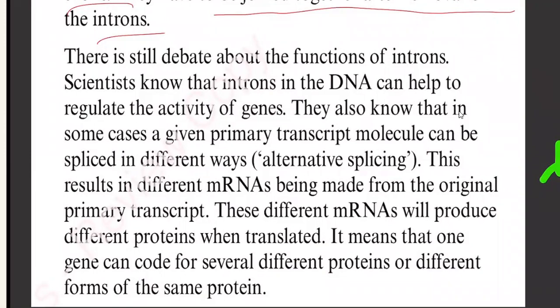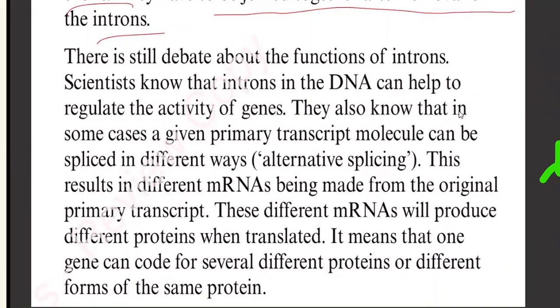They also know that in some cases, a given primary transcript molecule can be spliced in different ways, alternative splicing. This results in different mRNAs being made from the original primary transcript. And these different mRNAs will produce different proteins when translated. It means that one gene can code for several different proteins or different forms of the same protein.